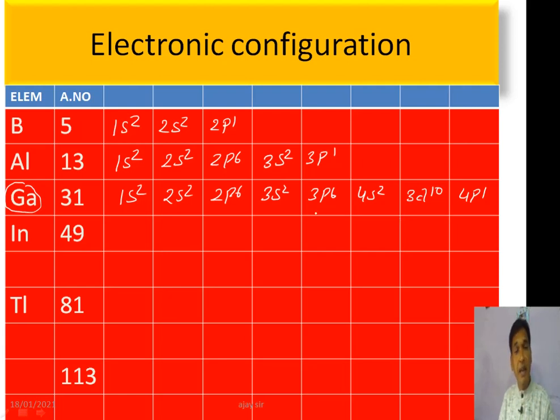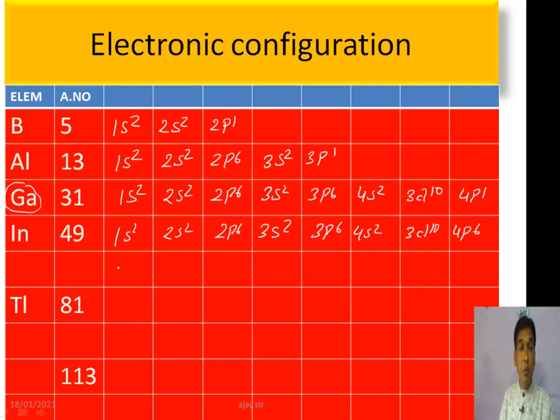Next is indium, atomic number 49: 1s2, 2s2, 2p6, 3s2, 3p6, 4s2, 3d10, 4p6, 5s2 and 4d10, 5p1.